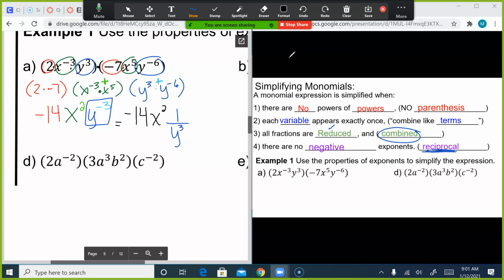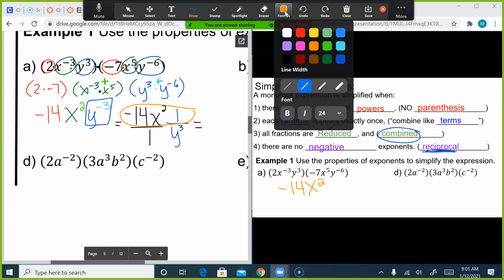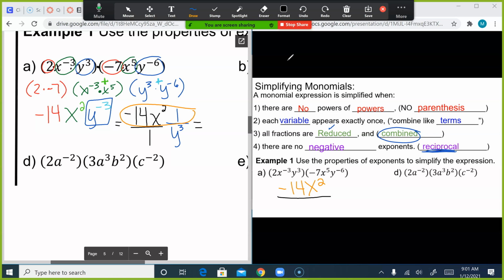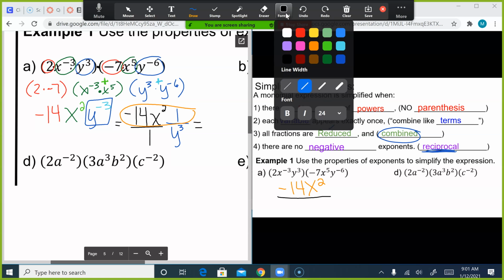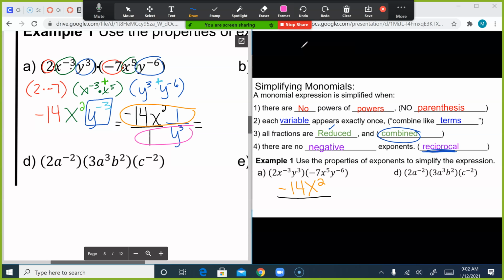So I'm going to go ahead and write this one over here because I'm kind of running out of space. So when I combine this, this is like over 1. I combine everything in the numerator together. I multiply all of that. So I get -14 x squared over, I combine everything in the denominator, and here 1 times y cubed is just y cubed.